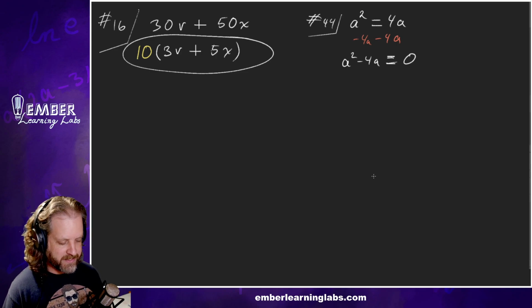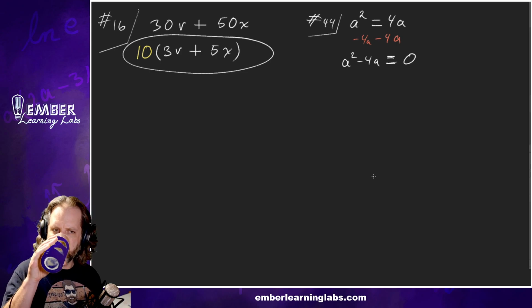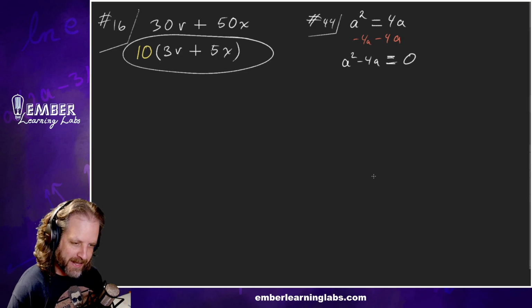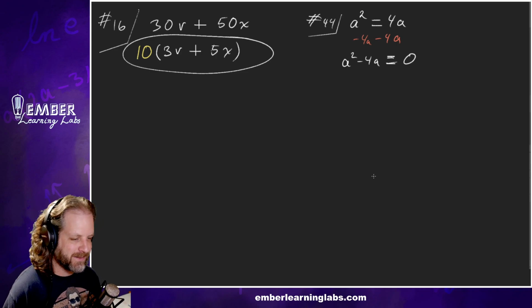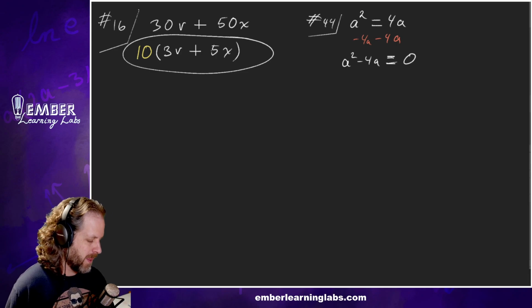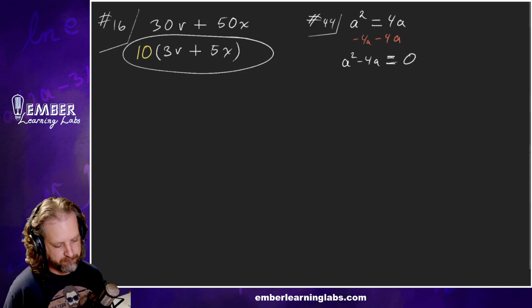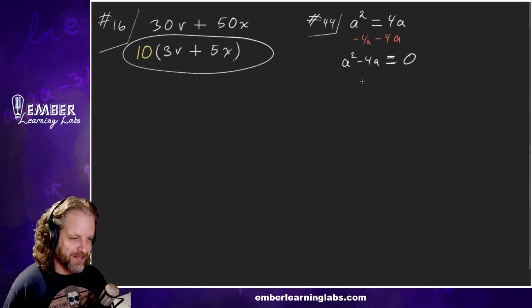We're not there yet. It's not all factored yet. I don't think we should do that because we're going to lose a whole answer if we do that. Oh. Because you're going to lose a whole answer. Go back and watch the notes video.